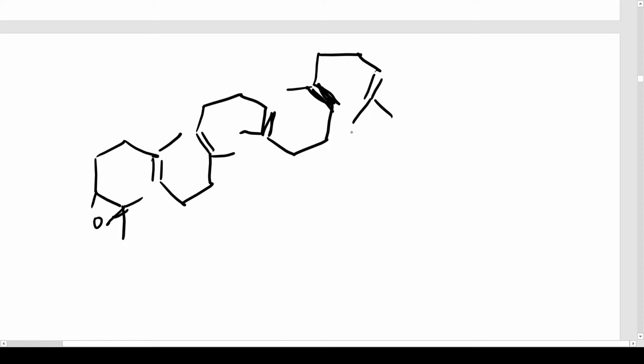So you have an epoxide here. The cytochrome P450 generated it.